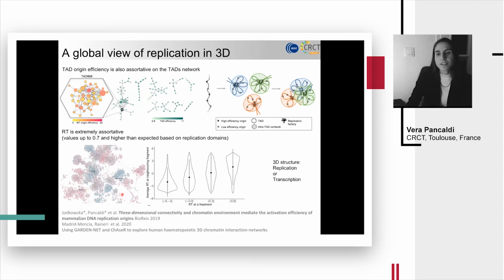And this brought us the question of, okay, we have started looking at these 3D structures because we call them transcriptional factories. At least promoter capture Hi-C was devised to identify and study transcriptional factories. But now we see that replication features have a higher assortativity and a very, very global organization of replication seems to be in place.